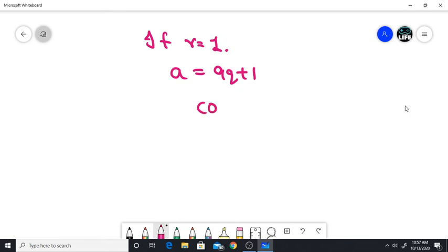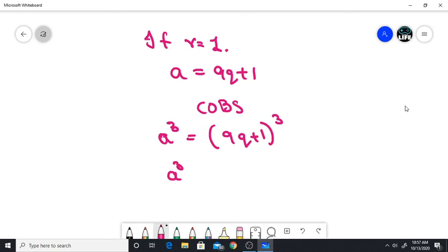Now cubing on both sides. In the exam you have to write in full, but in the video it is difficult to write everything, so I am writing like this. A cube equals 9q plus 1 whole cube.